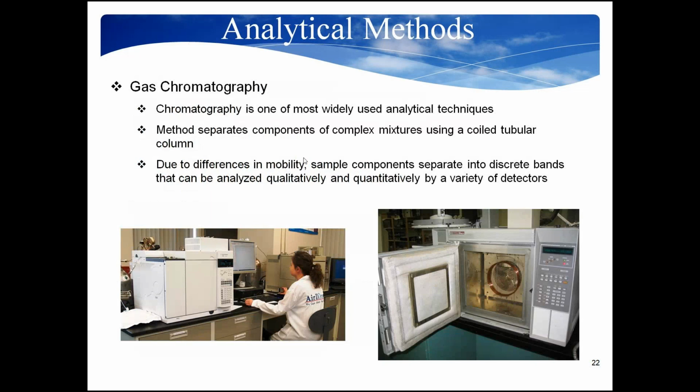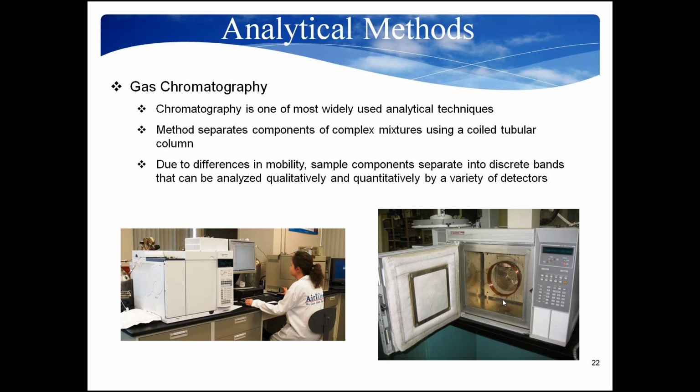So for gas chromatography, it's one of the most widely used analytical techniques. It separates components of complex mixtures using a coiled tubular column, which is in the second picture here. This circular looking object is the column. I think they range from about 15 to 30 meters within that coiled column.